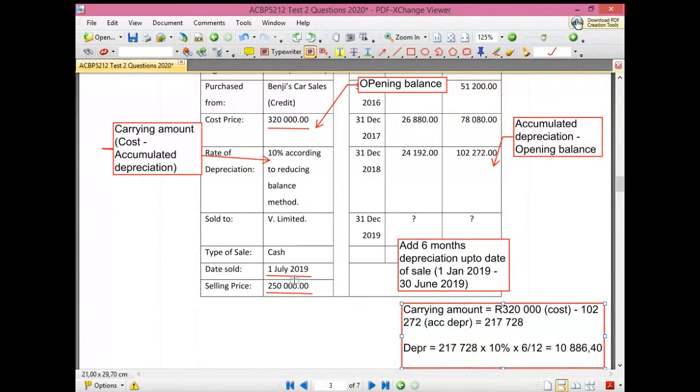So the third step is accounting for the selling price that they have given to me. Now, in your account, because your selling price would generally come into your bank account, you would debit your bank, you would then credit the asset disposal account with whatever amount you have received. Okay, it could also be a debtors control if I sell it on credit, or if I sell it via hire purchase, then it would be an HP loan.